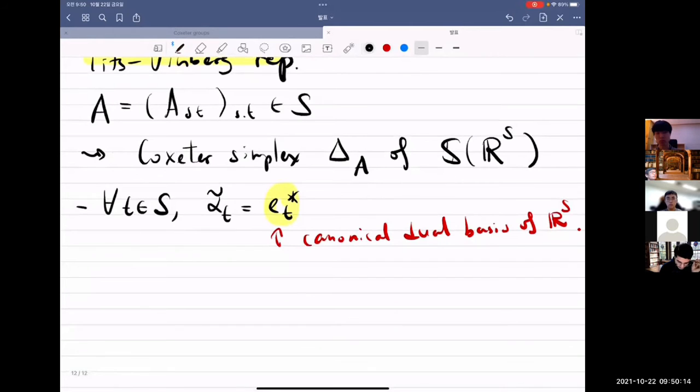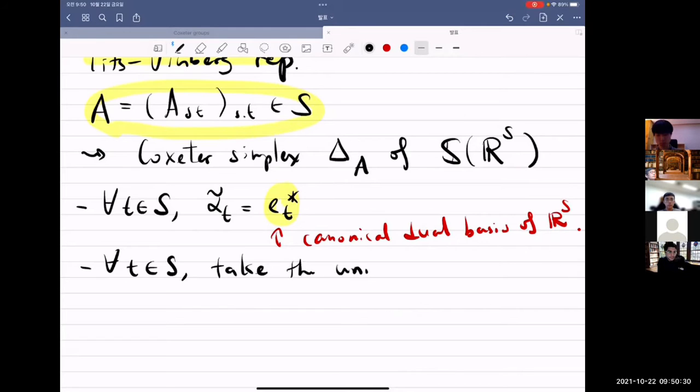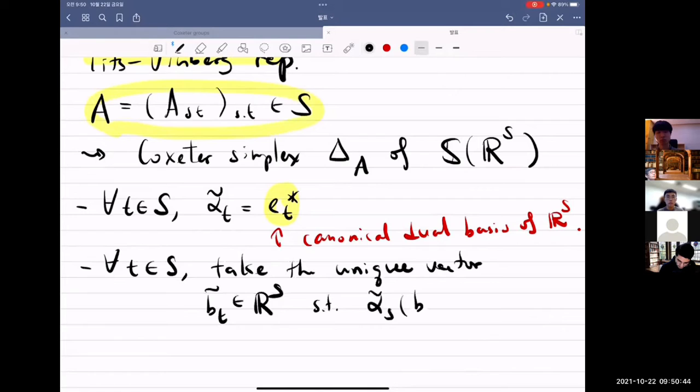Okay, so this will be the linear functionals, and then because we have this Cartan matrix, we can define the vectors. So take the unique vector BT tilde in R^S such that alpha S tilde of BT tilde is equal to A ST for all S in S. Okay. So this is quite clear, right?